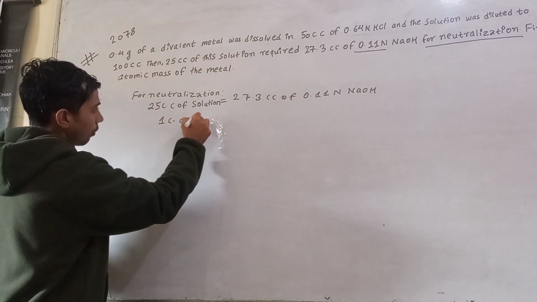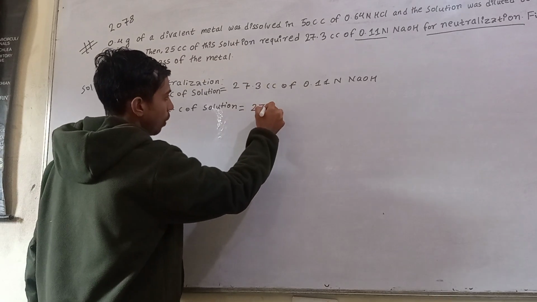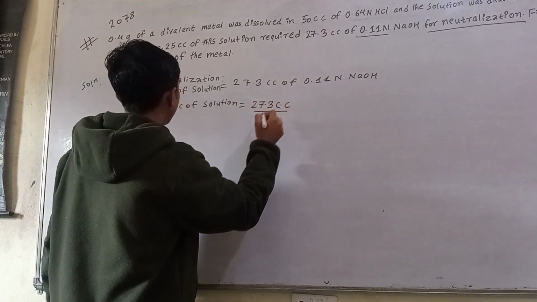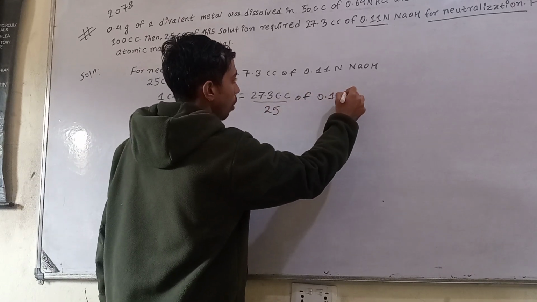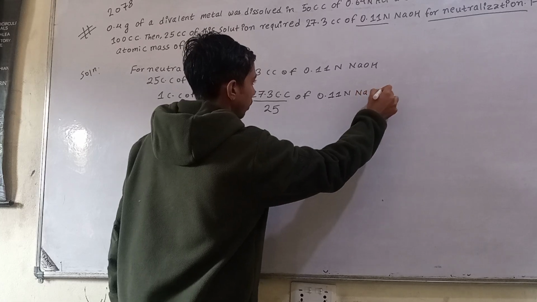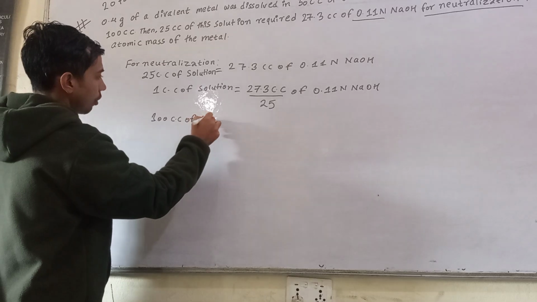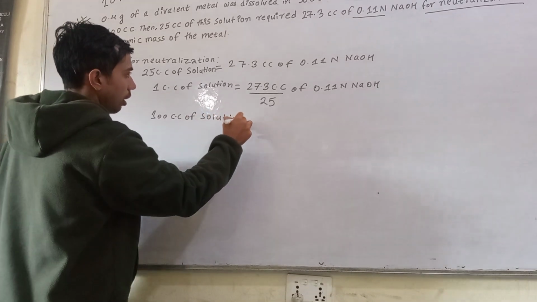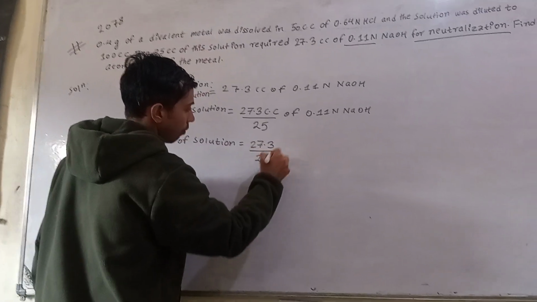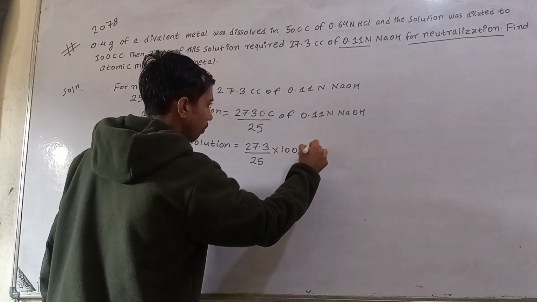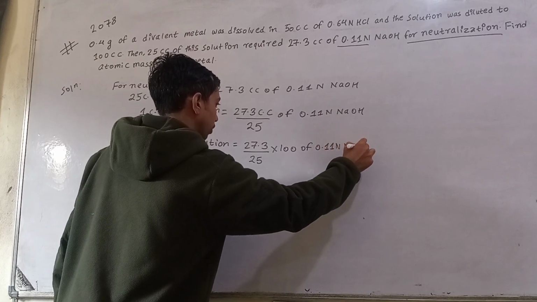1 cc of solution equals 27.3 cc upon 25 of 0.11 normal NaOH. 100 cc of solution equals 27.3 upon 25 into 100 of 0.11 normal NaOH.